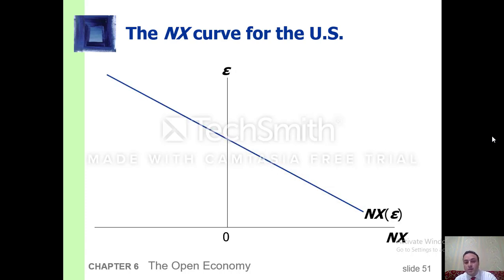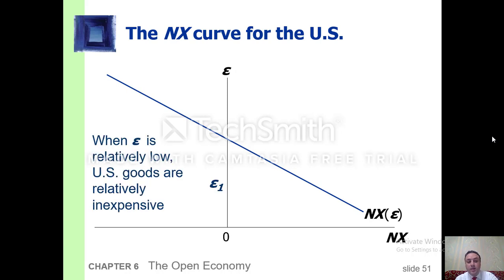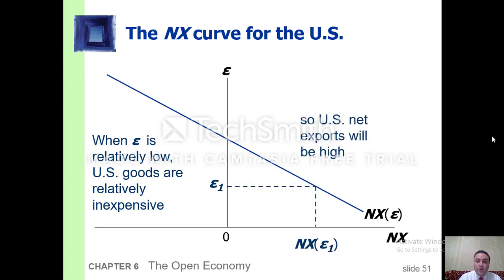Also, this inverse or negative relationship: when the real exchange rate is relatively low, not very low, the US goods are relatively cheap, so the US net exports will be high, as we can see here.